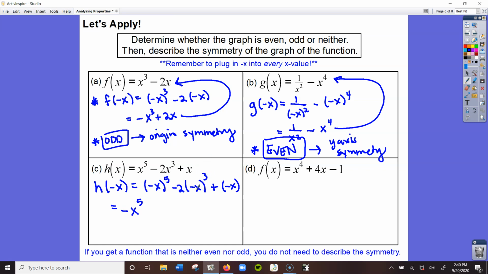Then negative x to the third will also remain negative, but we're going to multiply with this negative 2, changing it to a positive 2x to the third, and then minus x. If you compare it to the original, we do see that every term changed signs. So since it's the opposite of the original function, this is odd. And because it's odd, it has origin symmetry, as we stated before.